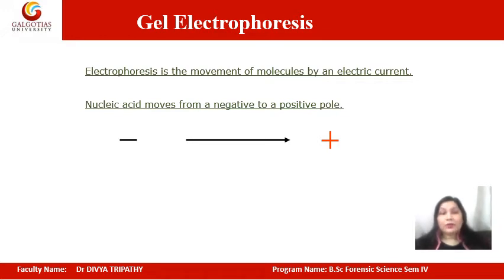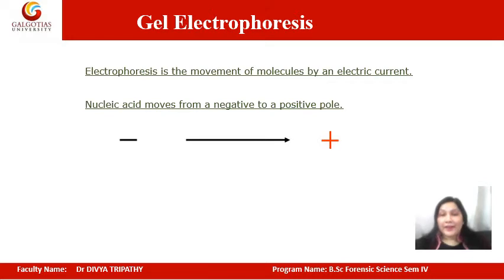If the molecule has a negative charge, we call it an anion, and if the molecule has a positive charge, we call it a cation. You should remember each and every time that the cation always moves towards the cathode and the anion always moves towards the anode.